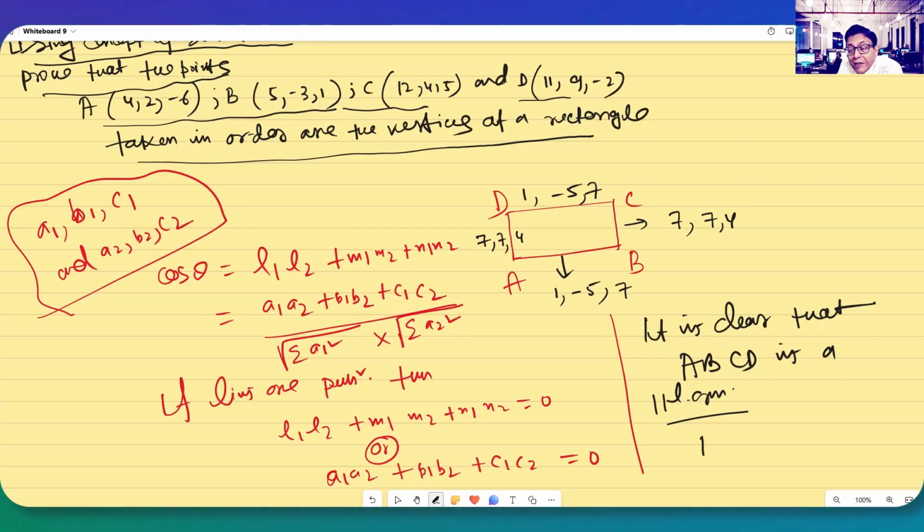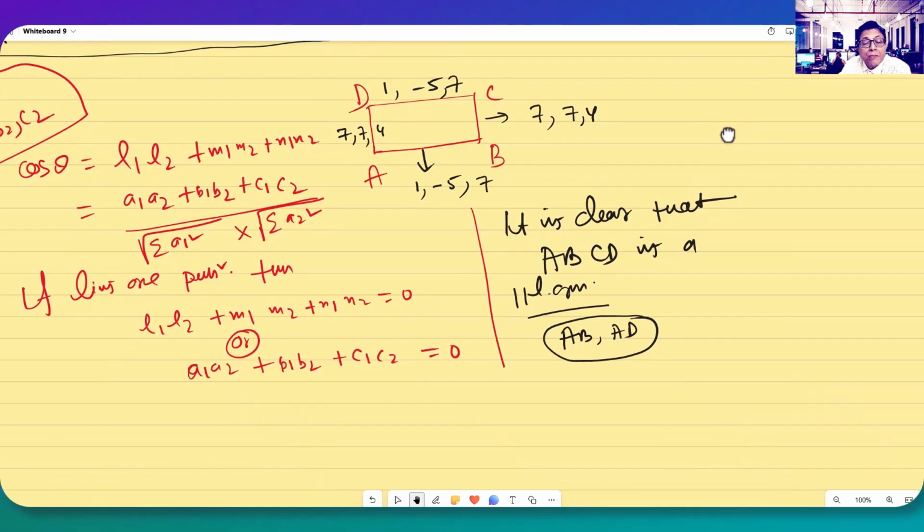So let us find AB and AD. I have told you, if a1 a2 plus b1 b2 plus c1 c2 is 0, then the lines will be perpendicular.